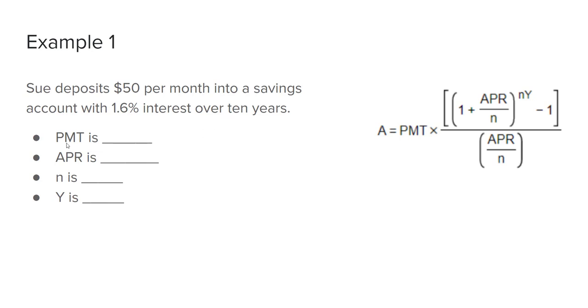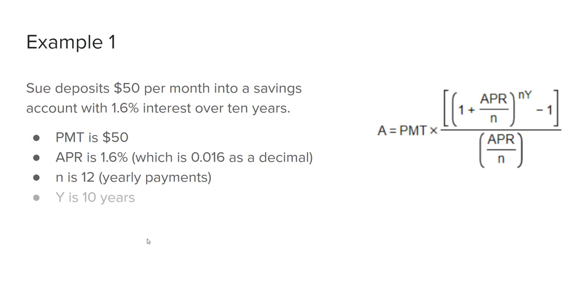Take a moment and consider the numbers that this prompt has given us for each of these variables. Our parameters here for payment would be $50. Our APR, we might prefer typing in 0.016. N is the number of times we make that deposit per year, so 12 for monthly, and then Y would be 10.